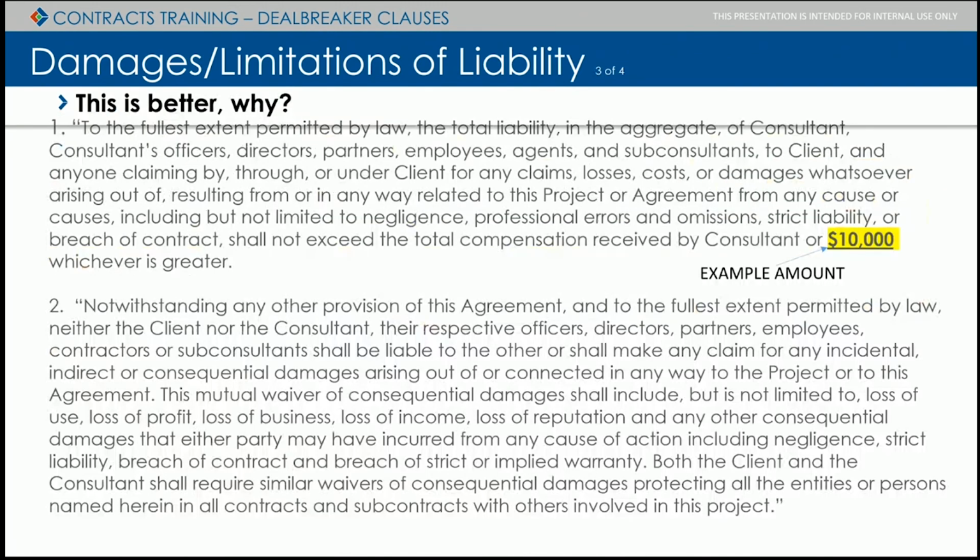This is better, essentially from our standard terms and conditions. Again, be on the lookout for training. We're going to go through our standard terms and conditions. I'm going to try to explain the ins and outs of those so you feel very comfortable with them. But this is better, and again, use that as a reference point. Want to point out, make sure you fill in the amount in that contract and don't use 10,000.